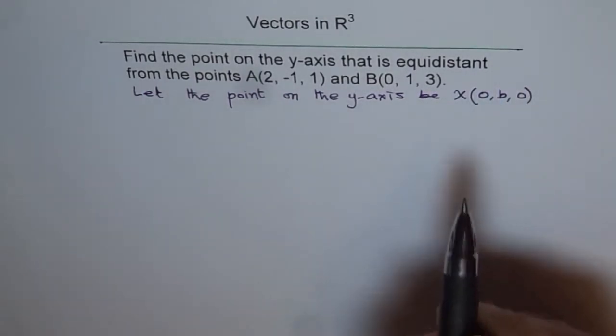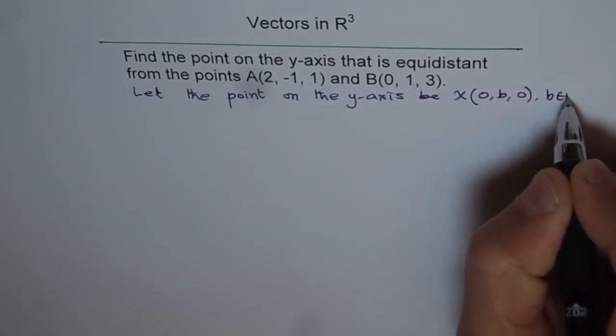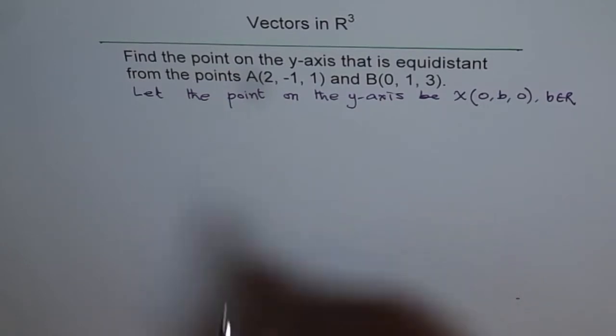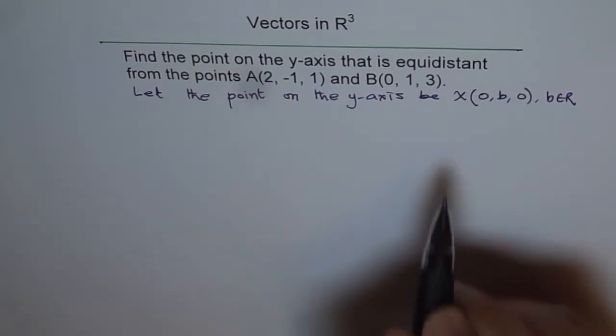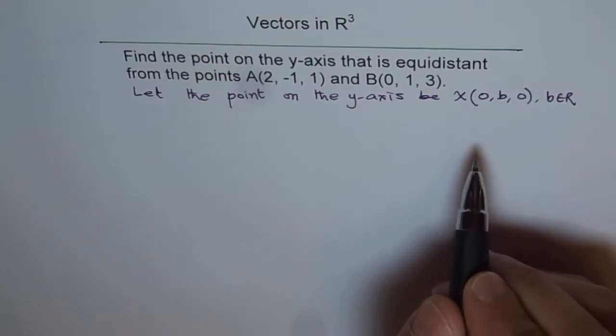So any point (0, b, 0), where b belongs to real numbers, is a point on the y-axis, correct? So that is the point, and we need to find the value of b. That is how the question should be understood.